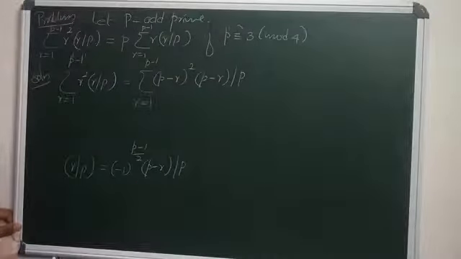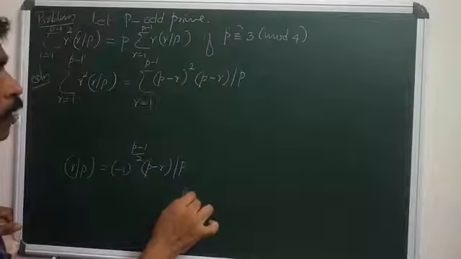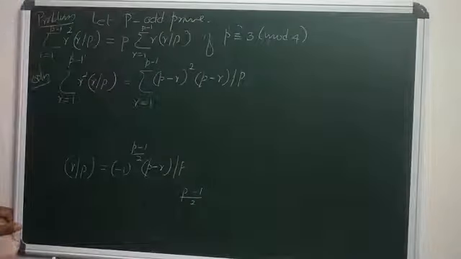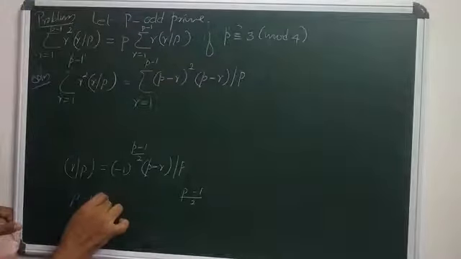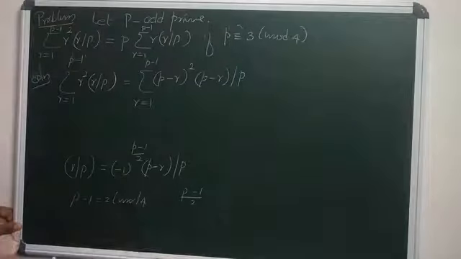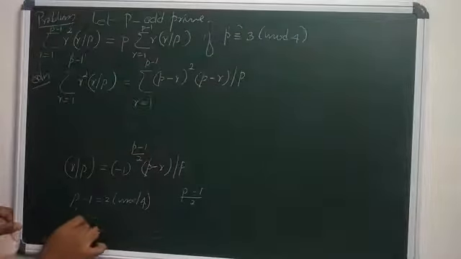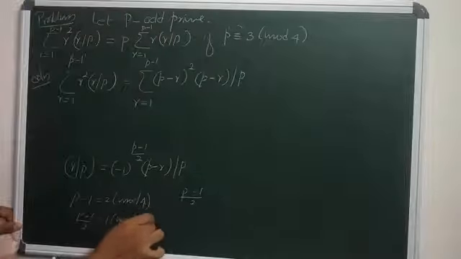What is P here? P is congruent to 3 mod 4. P congruent to 3 mod 4 means, what is (P minus 1)/2? P minus 1 is congruent to 2 mod 4. So (P minus 1)/2 is congruent to 1 mod 2.